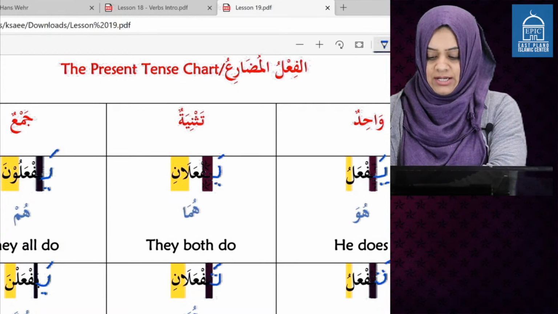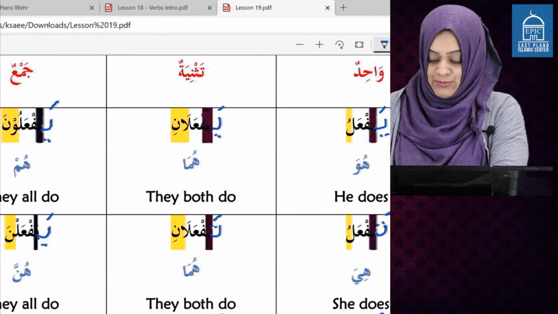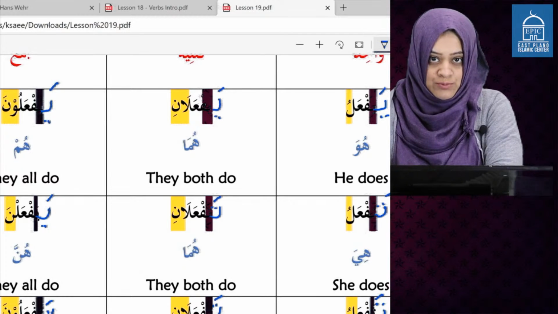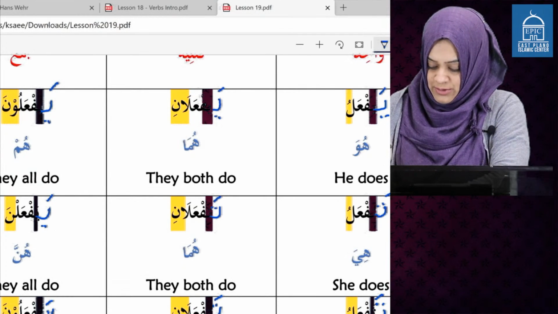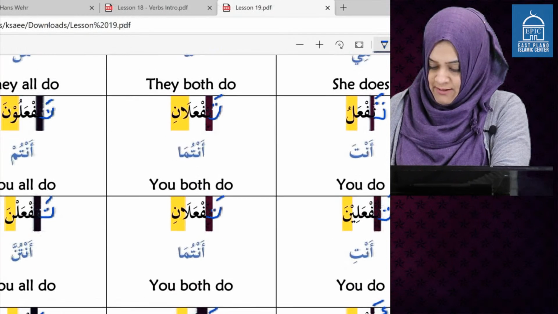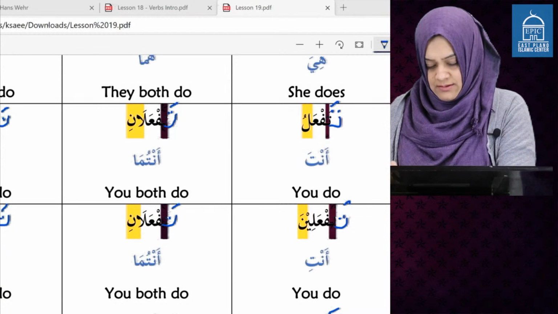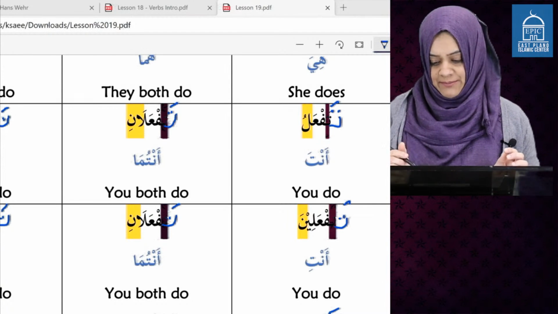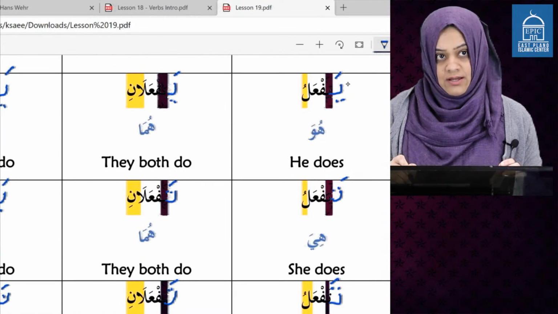Okay, so here we see the chart, right? I'm going to read the chart for you. Yaf'alu. This one is third person. Can you see it now?